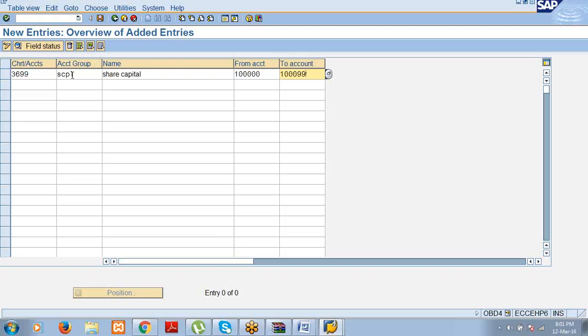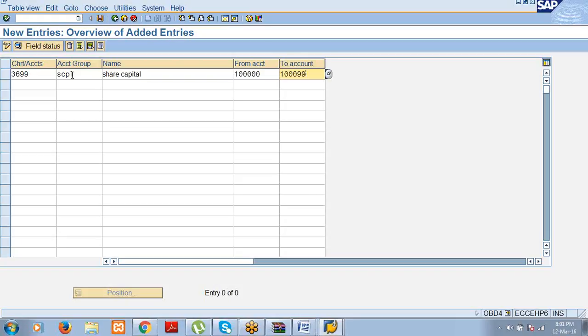But here for the share capital, I have given from account 1 lakh to account 1 lakh 99. Why so? In the previous step, when you are creating the chart of accounts, you have specified that length of GL account number 6 digits. Means you can use up to 6 digits. Means you can start with 1. But for the uniformity purpose, I have started with 1 lakh because the smallest number containing 6 digits is 1 lakh.